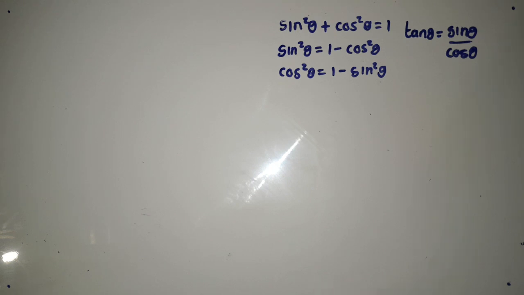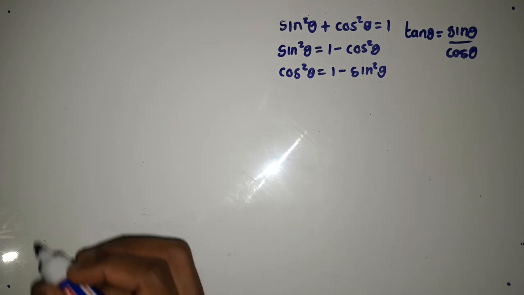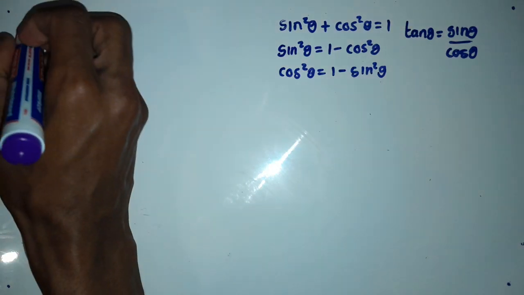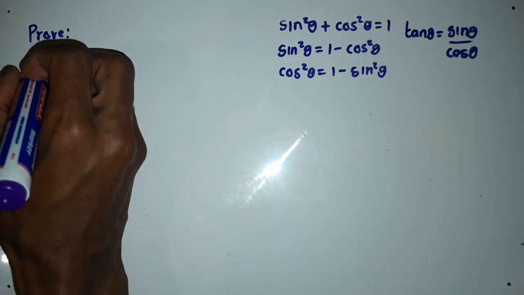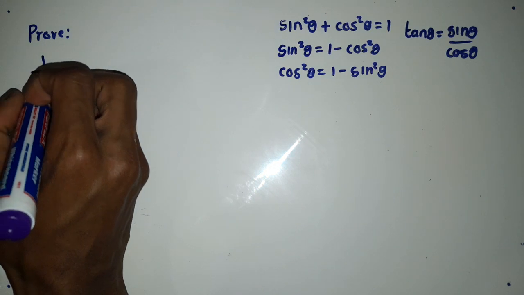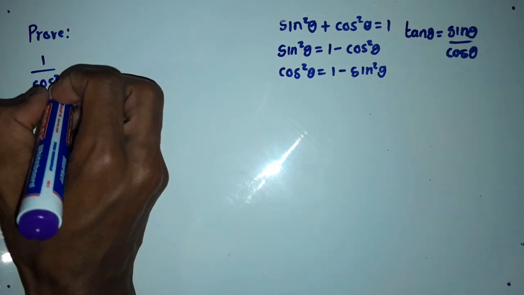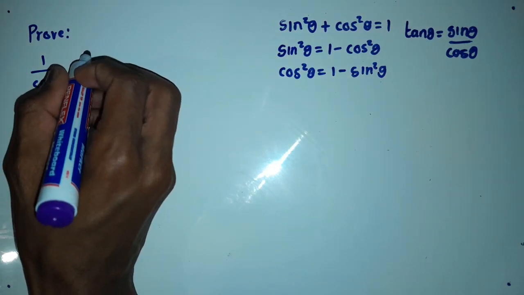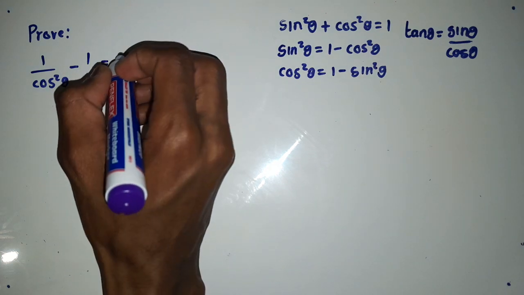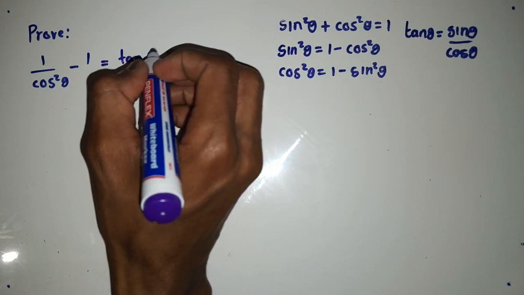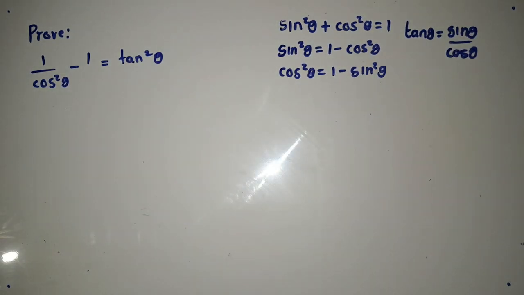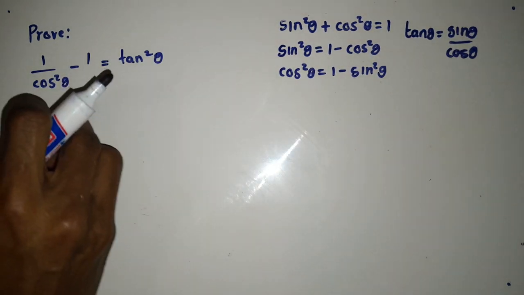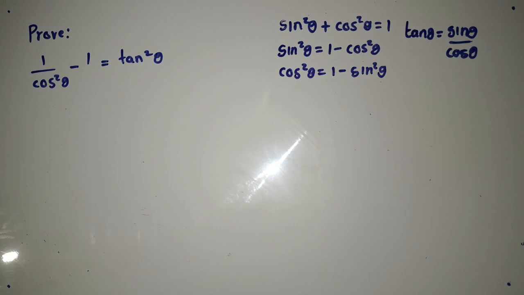Let's say I decide to give you this one and say, let us prove that 1 over cos squared theta minus 1 is equal to tan squared theta. We want to prove that the left hand side is equal to the right hand side.